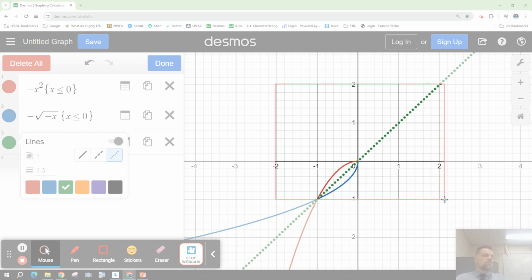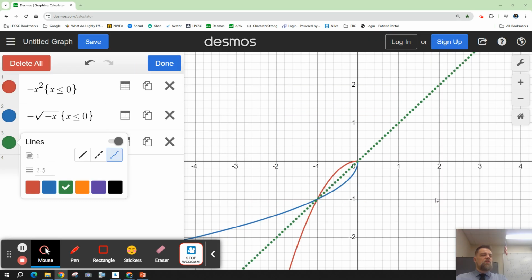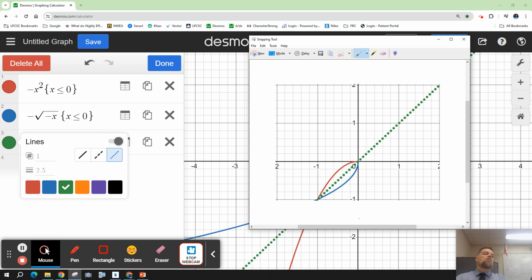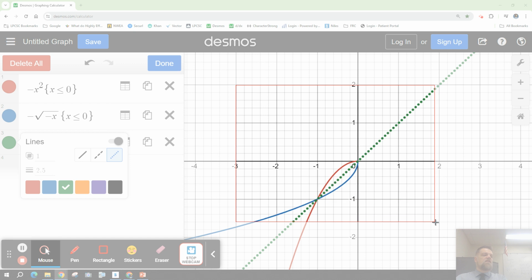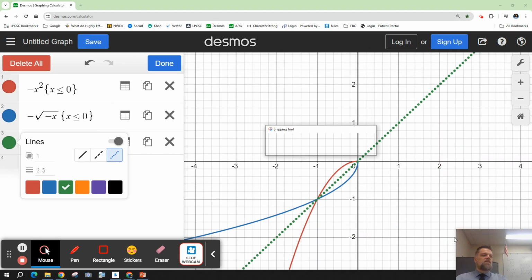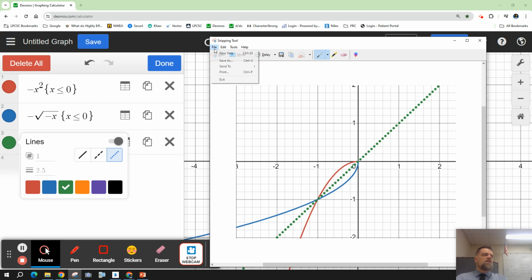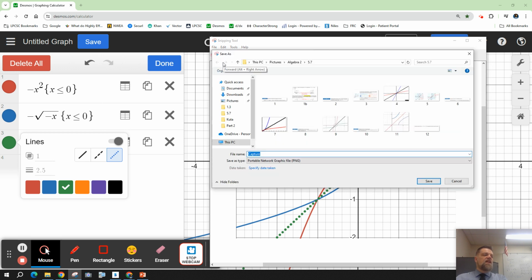But notice that whichever function crosses, let me get a little bit better picture. They cross the diagonal at the exact same spot. Okay? That's no accident. They're always going to cross the diagonal together. The red line and the blue line will cross the dotted green line in the exact same spot. Okay?